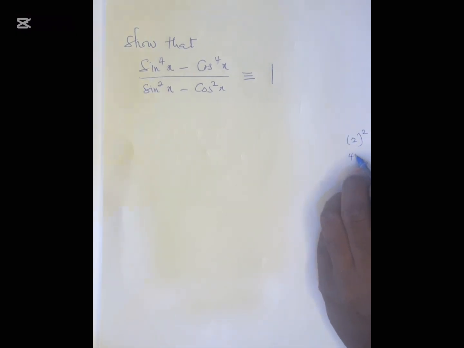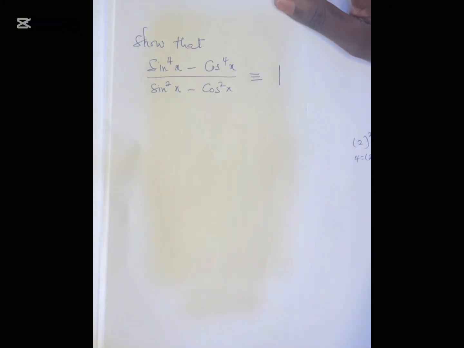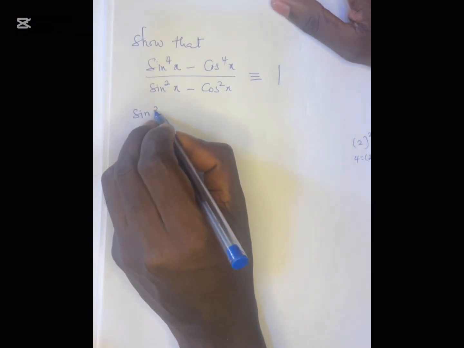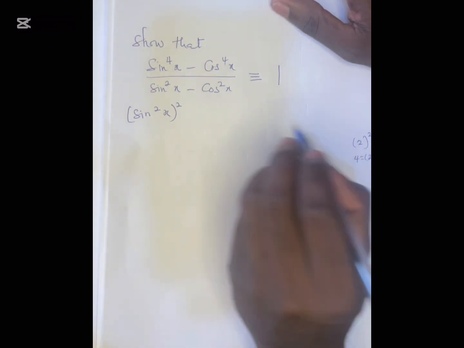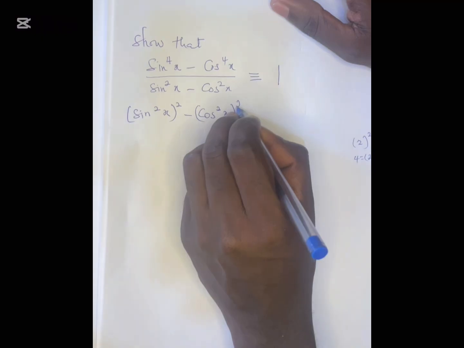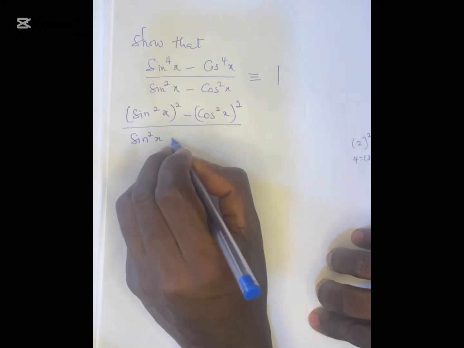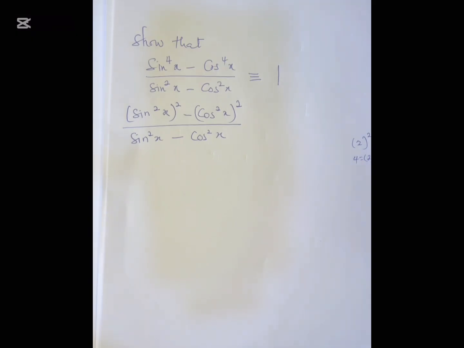So I will rewrite the numerator as (sin²x)² − (cos²x)² on sin²x − cos²x. What we just did was multiply the exponents: 2 times 2 gives us 4.